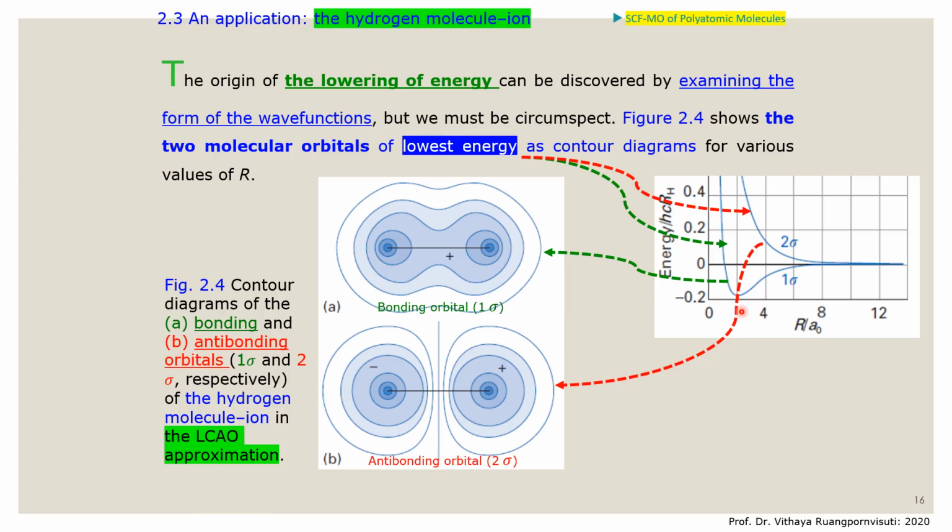The second is the anti-bonding orbital, the 2 sigma orbital, according to the top curve.